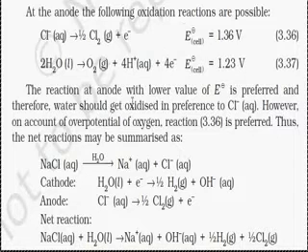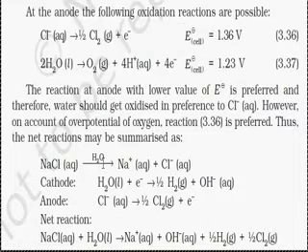The reaction at anode with lower value of E naught is preferred, and therefore water should be oxidized in preference to Cl-. However, on account of overpotential of oxygen, reaction 3.36 is preferred, that is Cl2 is obtained.